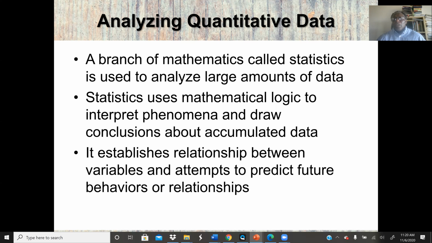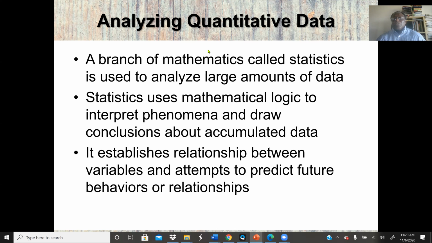So they are in order. With ordinal data, we can do only relational operators, greater than or less than. So we can say, okay, Charles Edeki smokes more than Peter Williams. So ordinal data is in order.